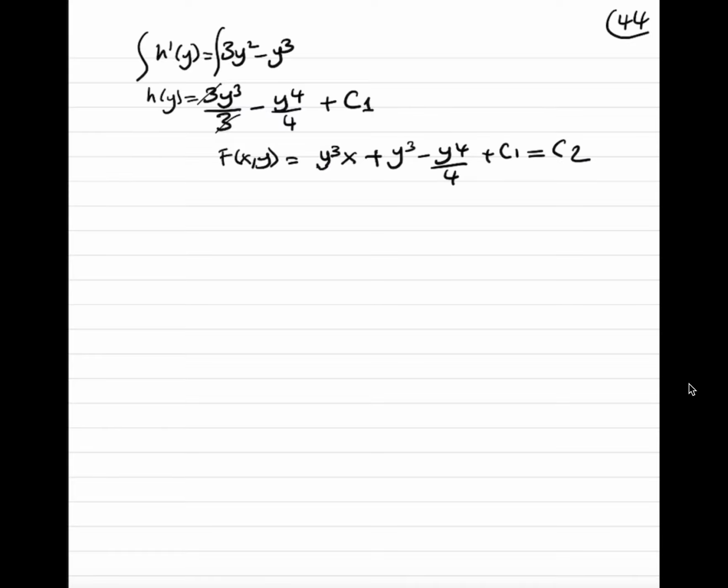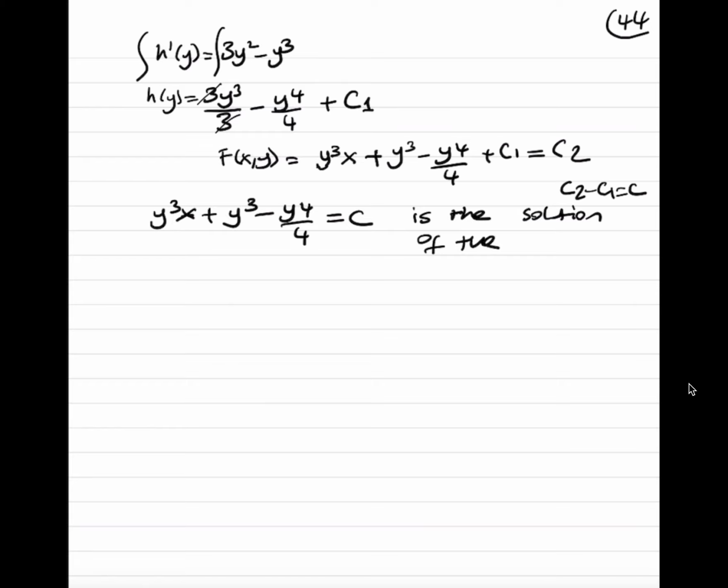Let's write this as c2. Then our c2 minus c1, let's write c. So y cube x plus y cube minus y to the power 4 over 4 is equal to c, is the solution of the given differential equation.